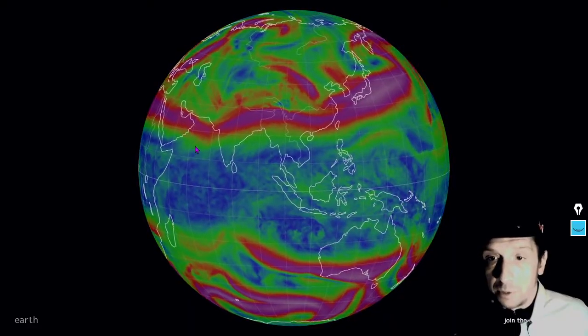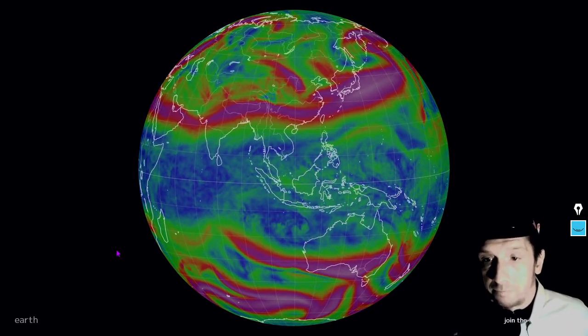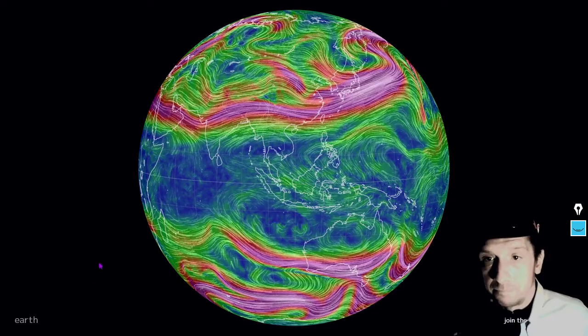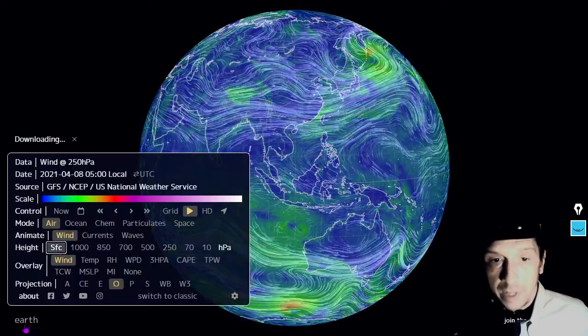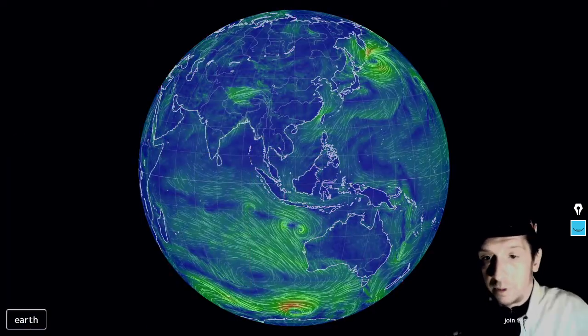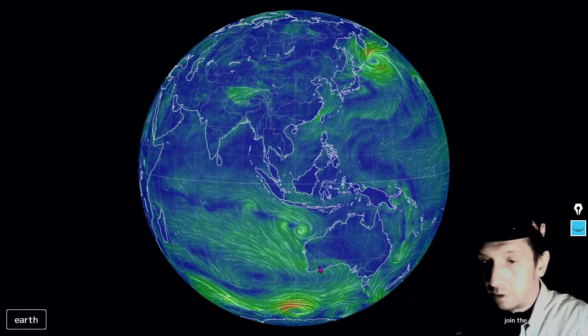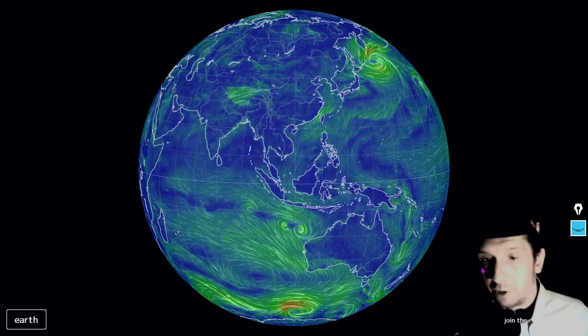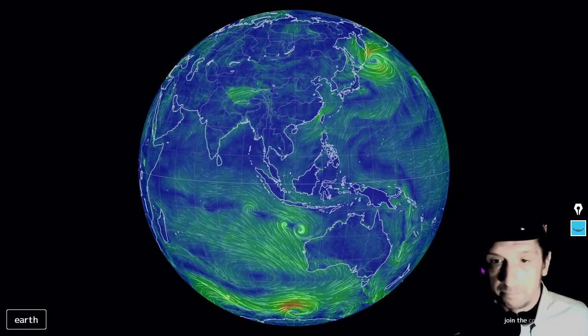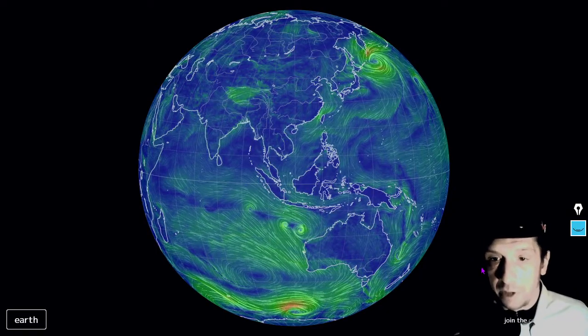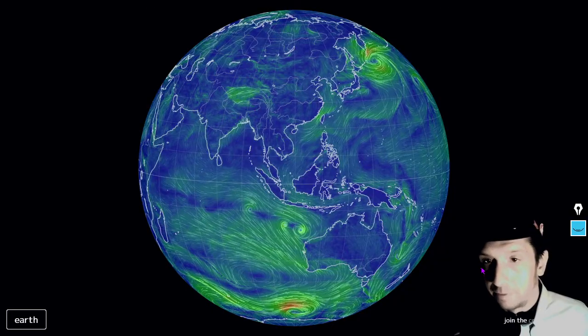Anyway, here are the jet streams of the eastern world. And here are surface winds. And a very powerful low here down by Antarctica as well, southwest of Australia. Not too far from the South Geomagnetic Pole, actually.